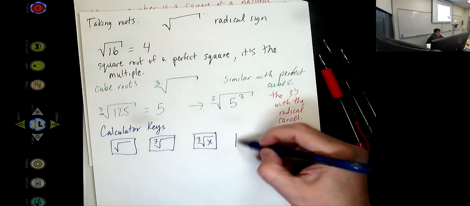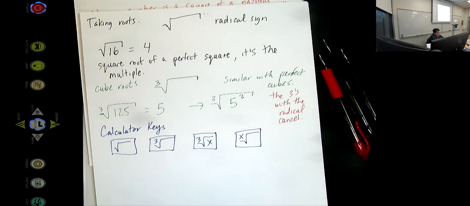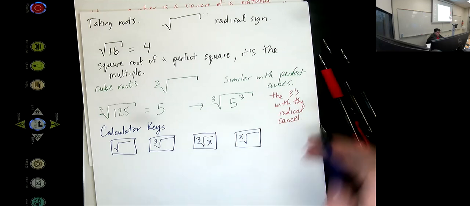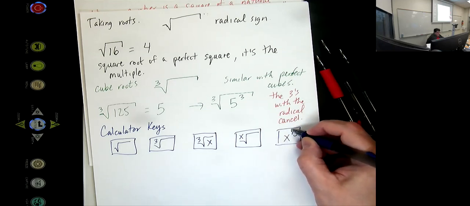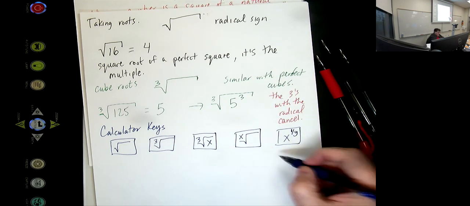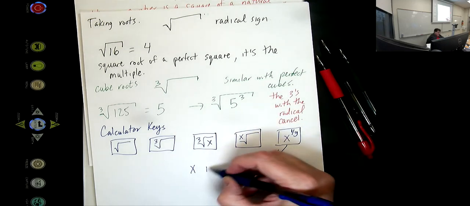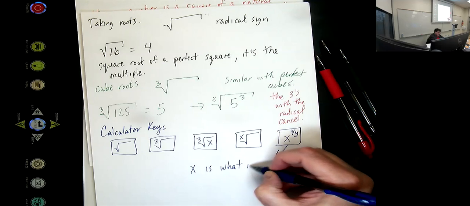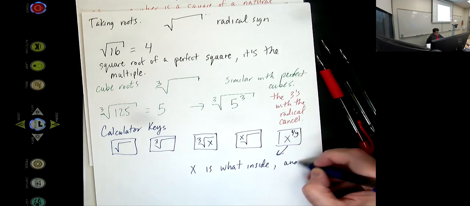You might also see something like this where you get to pick which root it is. And you might see X with 1 over Y like that. In this case, the X is what is inside, and the Y is the root.